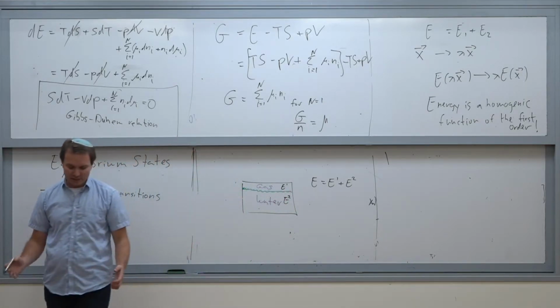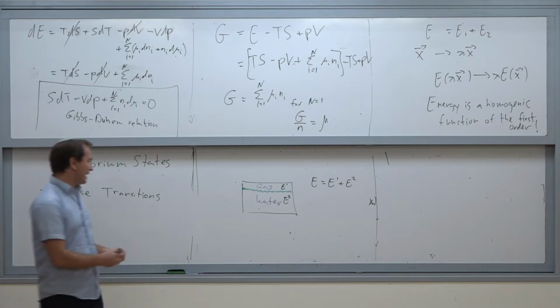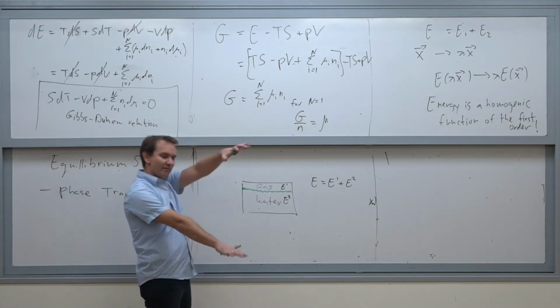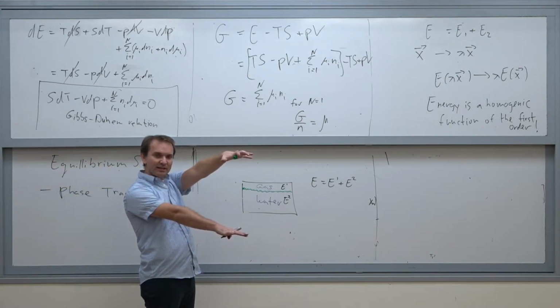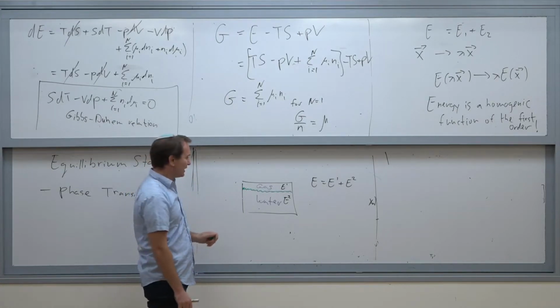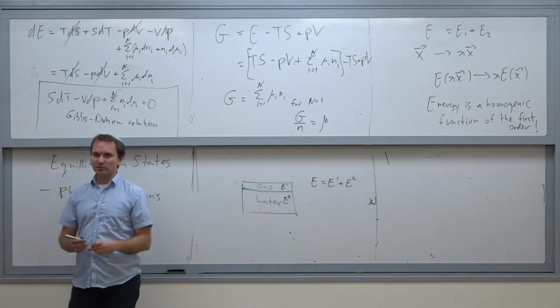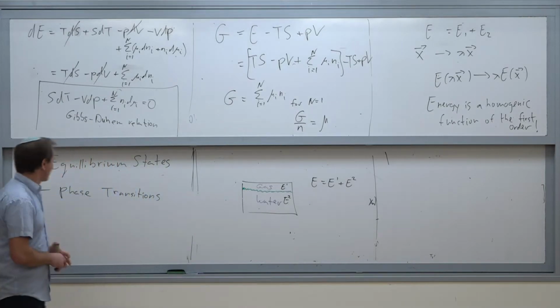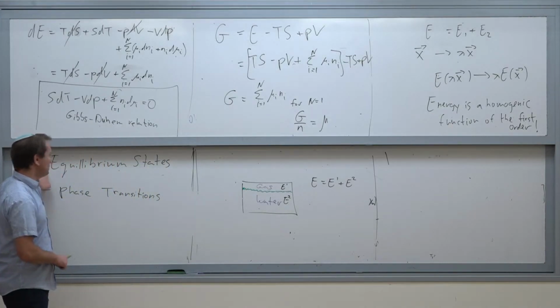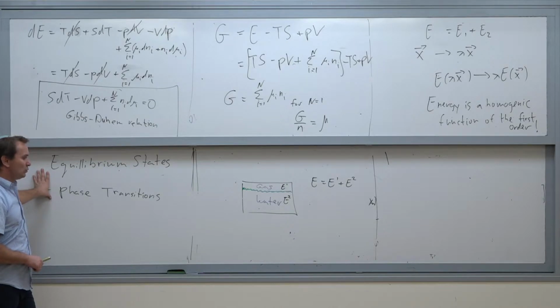For example, I have a container, and I have water down below and gas on the upper side, and they are somehow separated, right? Then there is an interface between the two phases, or between the two systems. In order to describe something about equilibrium, I need to describe the energy of the total system.